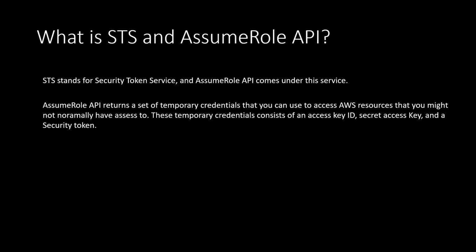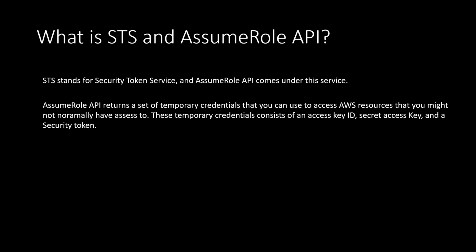The AssumeRole API returns a set of temporary credentials that you can use to access AWS resources that you might not normally have access to. These temporary credentials consist of an access key ID, secret access key, and a security token. This is the definition of the AssumeRole API which I have taken from the AWS documentation.